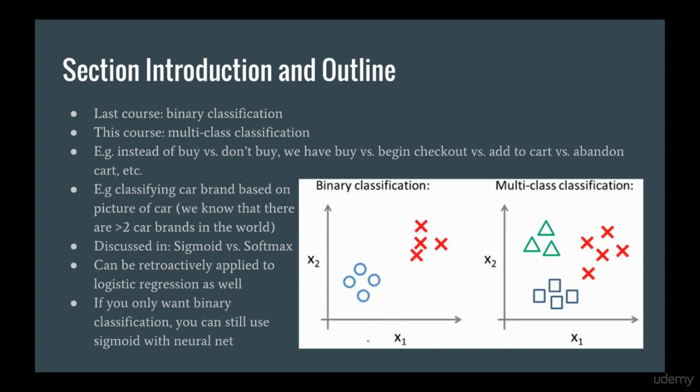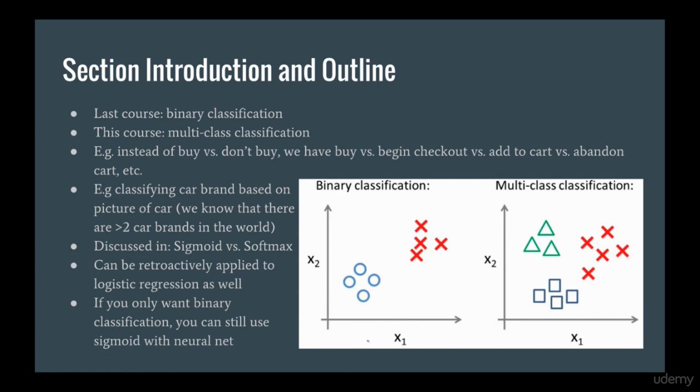In my last course on logistic regression, we talked about binary classification. But what happens when you want to classify more than two things at the same time? What if, instead of just predicting buy or don't buy, we want to predict any number of user actions, like buy, begin checkout, add to cart, abandon cart, and so on? Another example might be classifying a car brand based on a picture of a car.